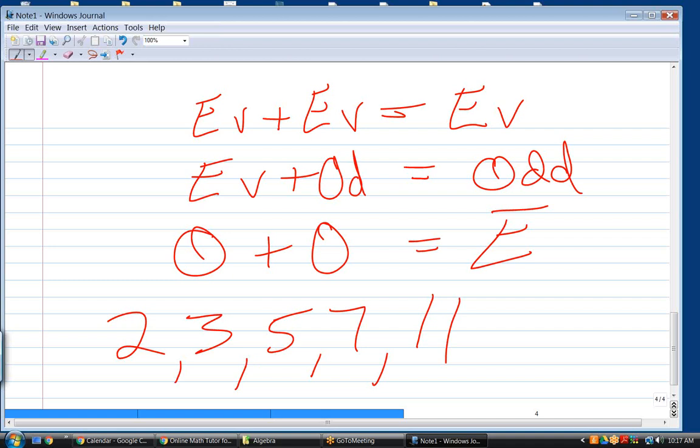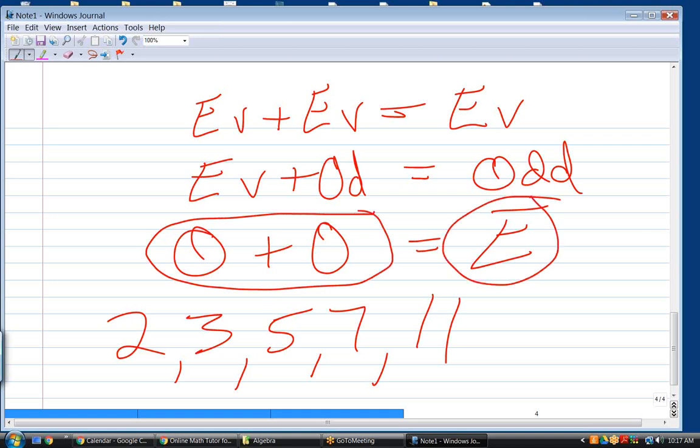So if I add those 2 odd prime numbers, I get an even, right? And it says that when you add the third prime number, the answer is even. Well, what does the third prime number have to be?